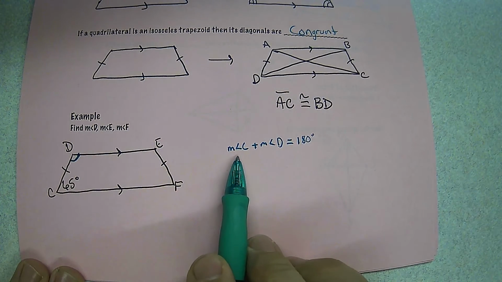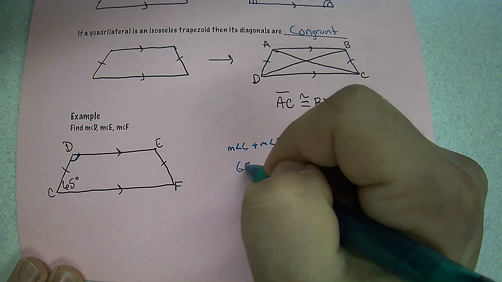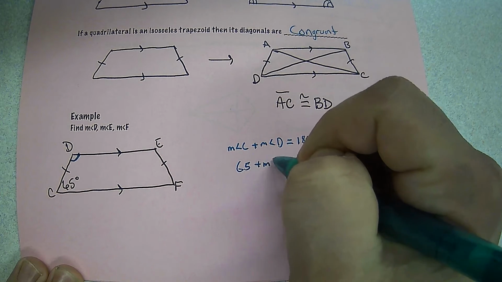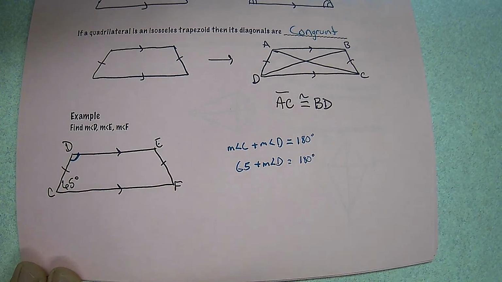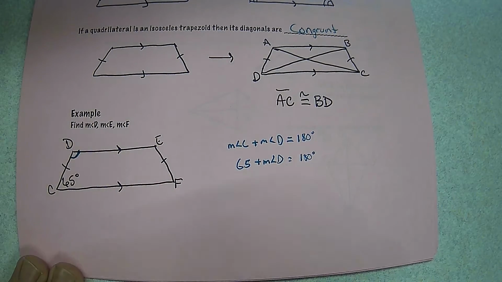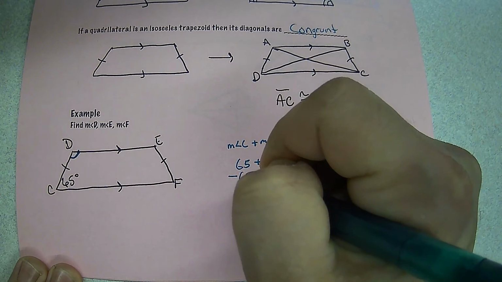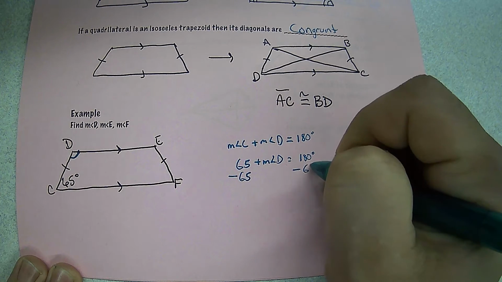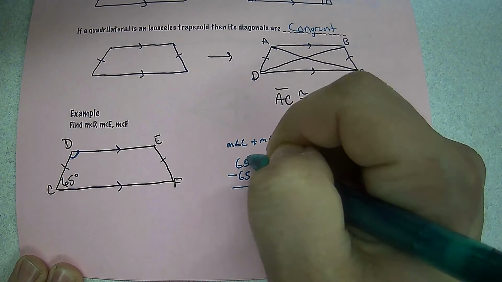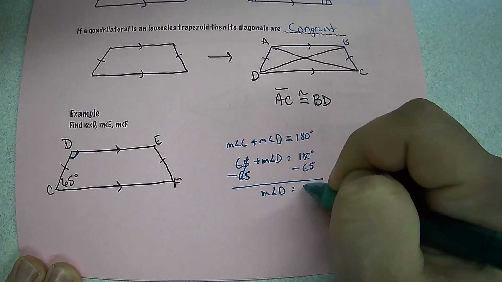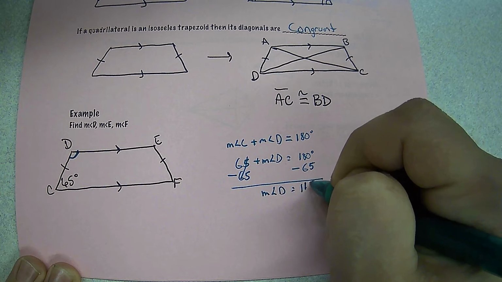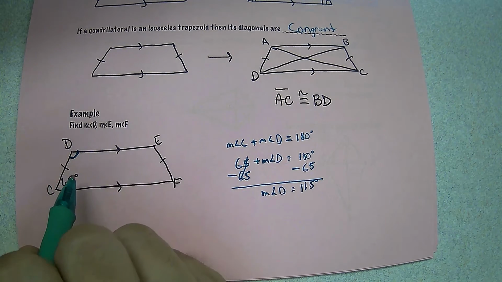Well, we know the measure of angle C is 65 degrees, plus the measure of angle D equals 180. So we subtract 65 from both sides. It goes away. So the measure of angle D is then going to be 115 degrees. So I'll write that right here.